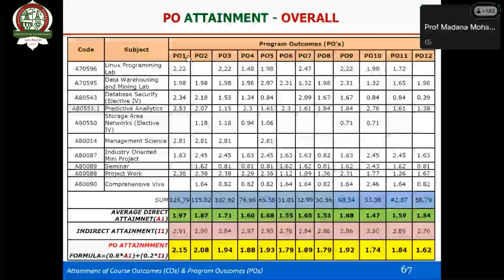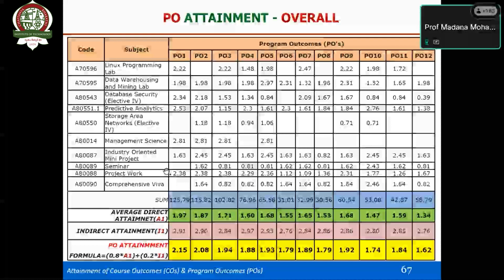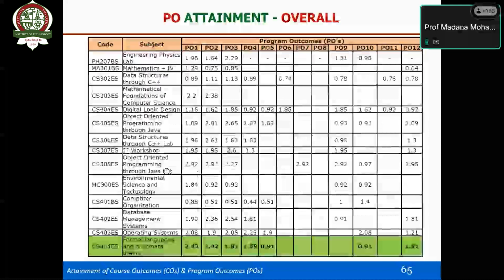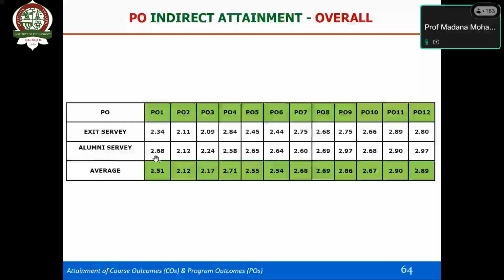Now what you have to do, PO wise, you can take the sum of all the courses' attainment values. Here see, PO1 you are getting 125.79, let us assume. For the average direct attainment value, for example PO1 2.51.